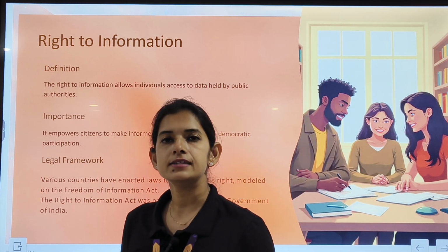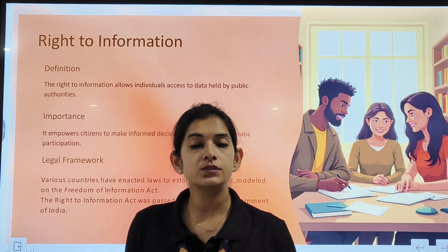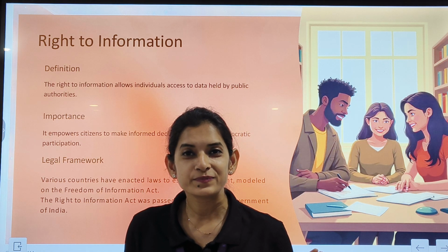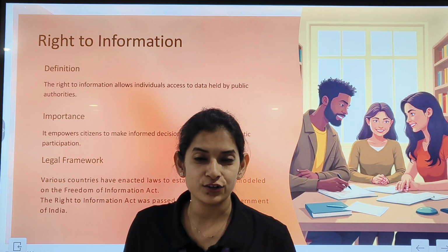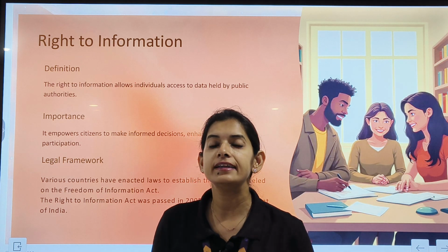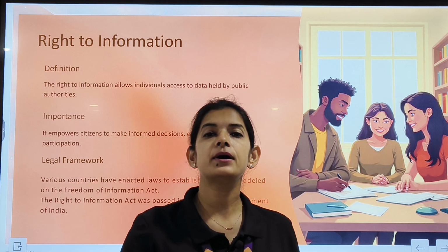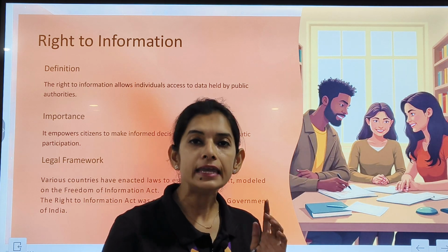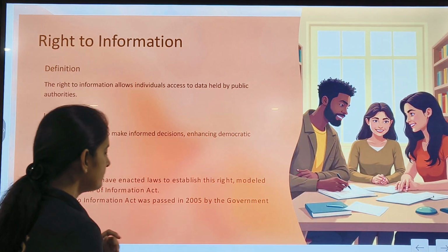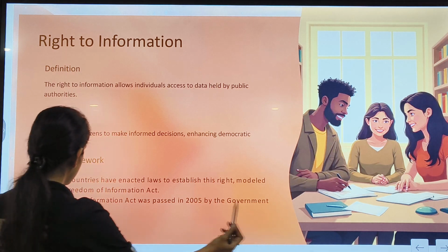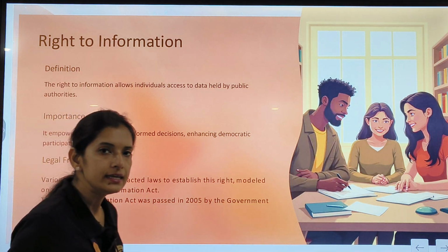Now the question arises, which institution is responsible for passing these sorts of laws? It is the legislature of the country, and the legislature of India is Parliament. So, my dear students, Parliament passed this law in 2005. Clear? So, the Right to Information Act was passed in 2005 by the government of India.